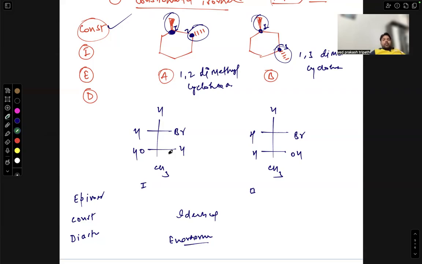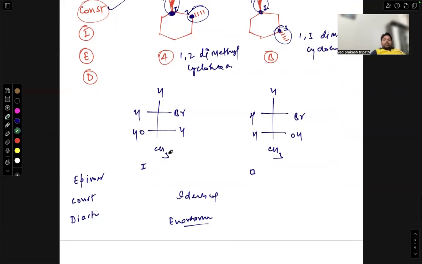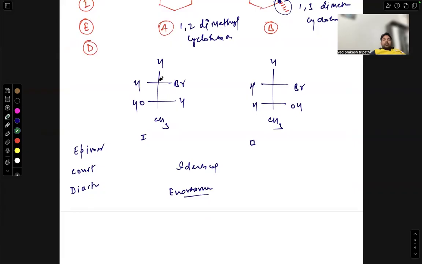It's just an extra option for you. Okay, look here. Is this a chiral center? Tell me, is this a chiral center? Yes or no? Is this a chiral center? Yes or no? The bottom one in the first.